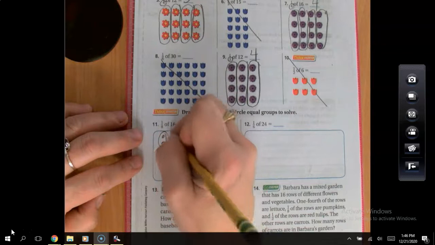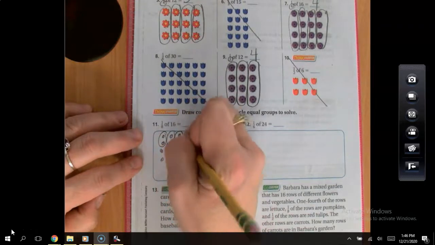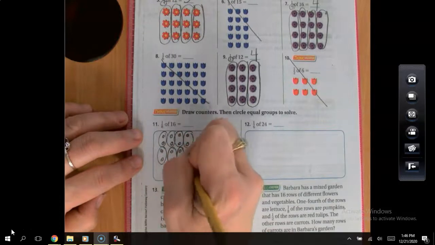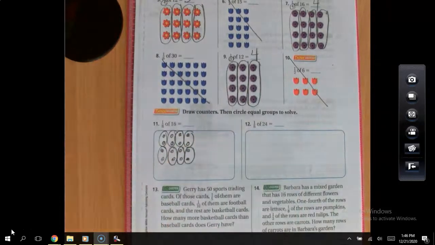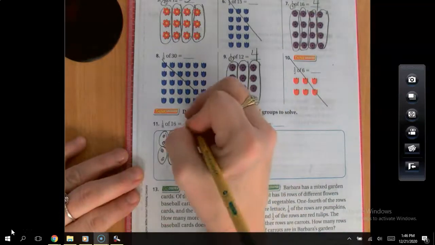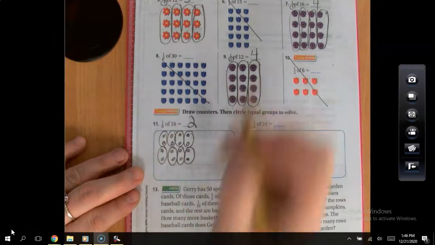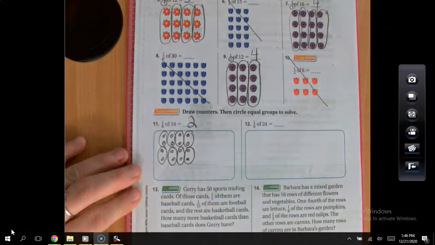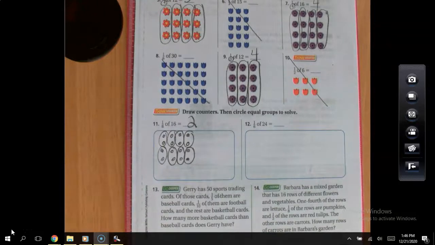So 1, 2, 3, 4, 5, 6, 7, 8. Boys and girls, how many are in each circle? 2. And I know 8 times what number equals 16? I know 8 times 2 equals 16.